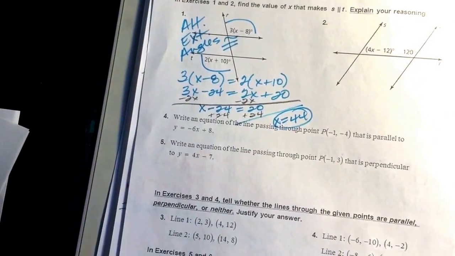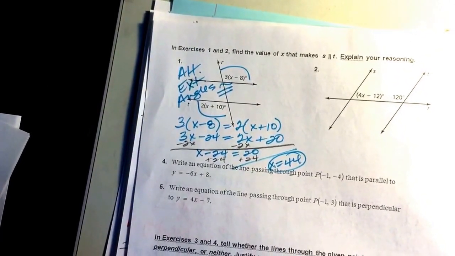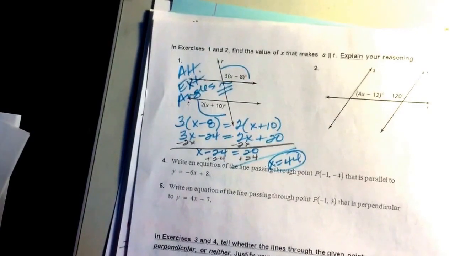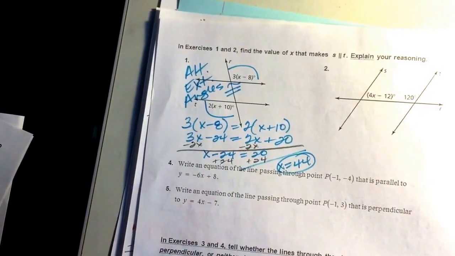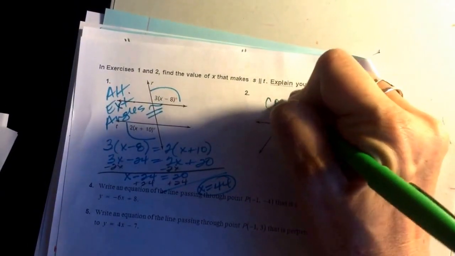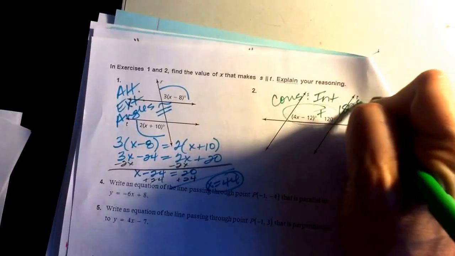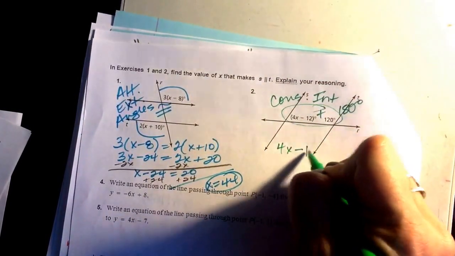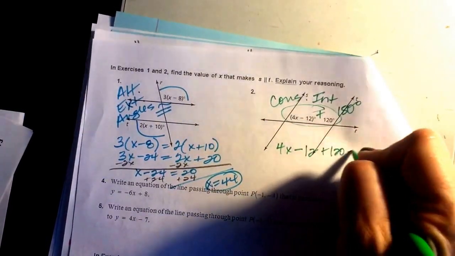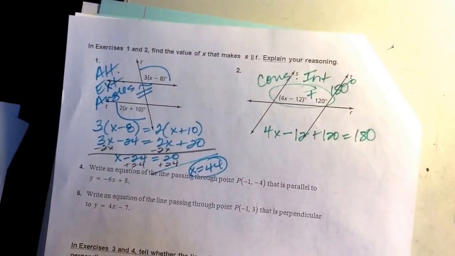Number 2, dealing with consecutive interiors that add to 180. Consecutive interiors add to 180. 4x minus 12 plus 120 is 180. Take 120 away from both sides.